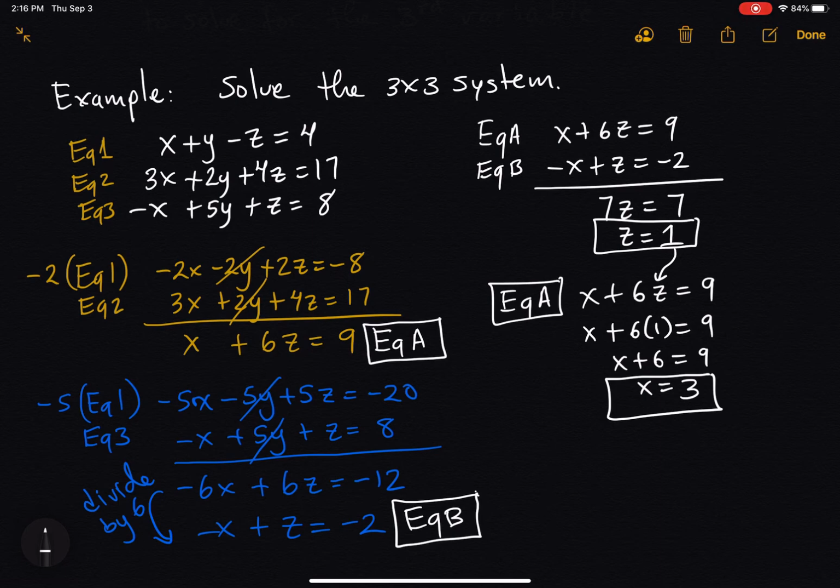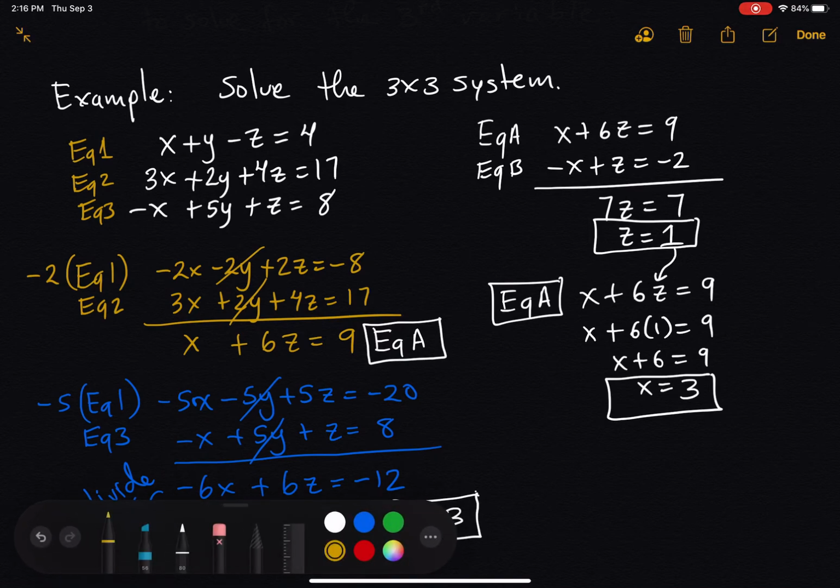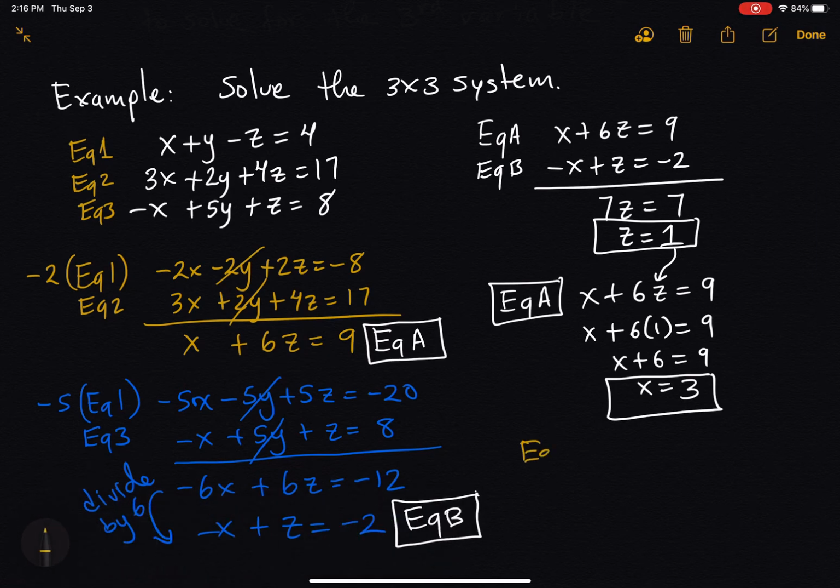And the final step, step number 4, says to substitute these two answers into one of the two original equations to solve for the missing variable. So we have x and z, we need to find y. Obviously, equation 1 looks a lot easier. So I'm going to substitute this into equation 1. X plus y minus z equals 4.